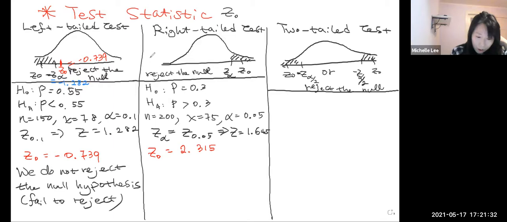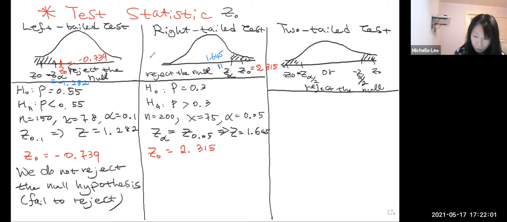And Z sub alpha in this case is 1.645. Sorry, there is no space, so let me write it down here. Okay, so Z naught is more right-sided than the Z sub alpha, right?